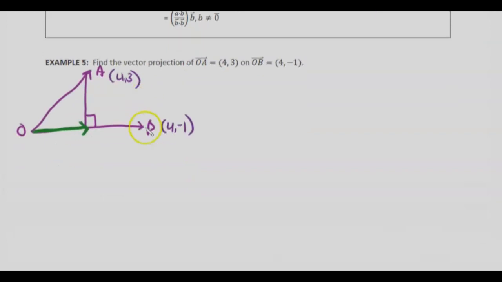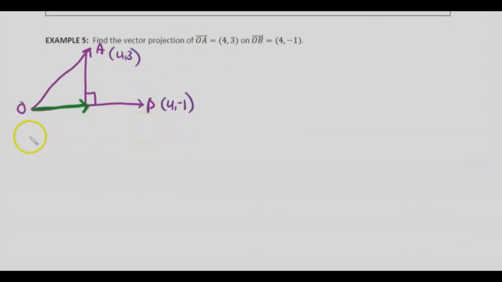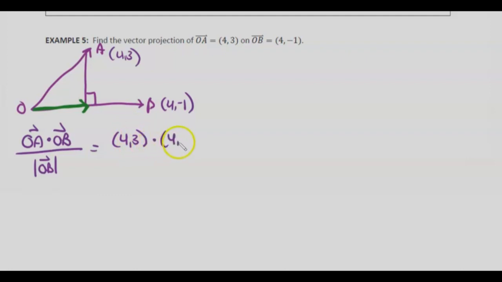So let's do vector OA dot vector OB all over the magnitude of vector OB. Now, we're going to have (4, 3) dot (4, -1), and this is all going to be over the magnitude of (4, -1), which is the square root of 4 squared plus (-1) squared.